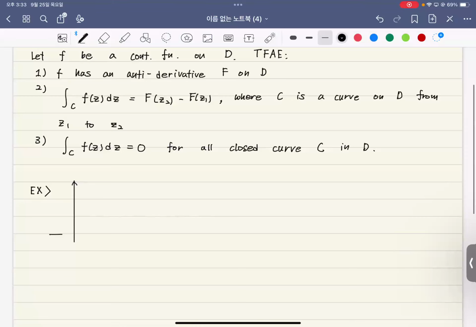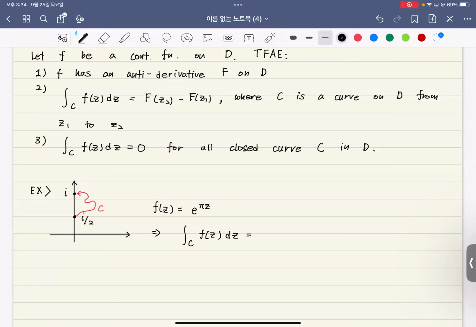Okay, so I just came up with some random curve, which is from i over 2 to i, and say my curve is traveling from this point to that point and oriented like this. And also say that my integrand function f of z is e to the pi z. Now, what do you think is this line integral?